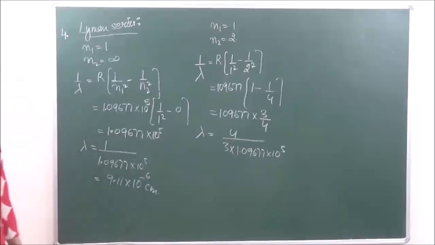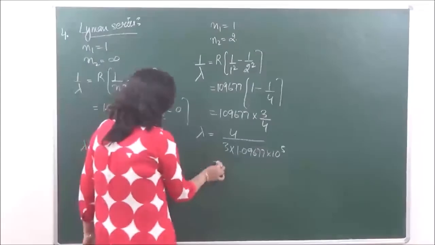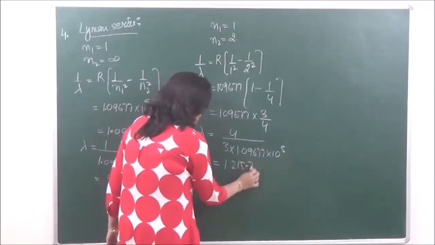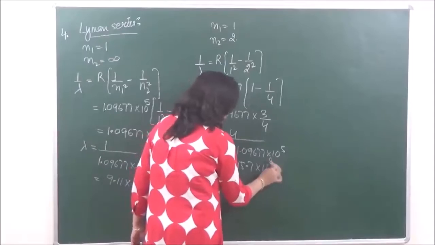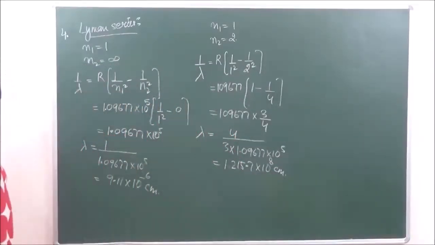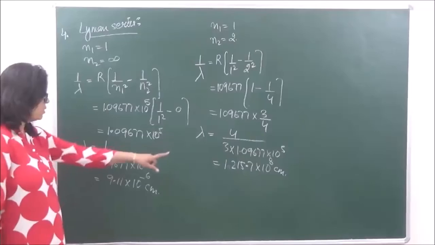Right? So when we calculate lambda for this, it comes to 1215.7 into 10 raised to power minus 8 centimeter. Right? And you can convert it into Angstrom if you want to. Both could be converted into Angstrom.